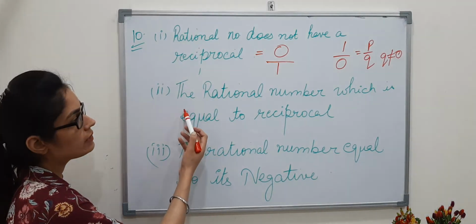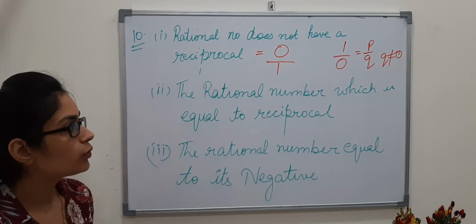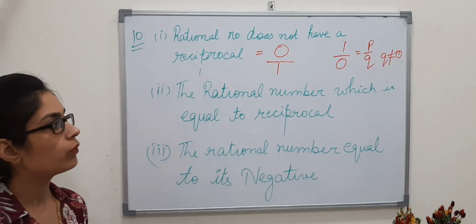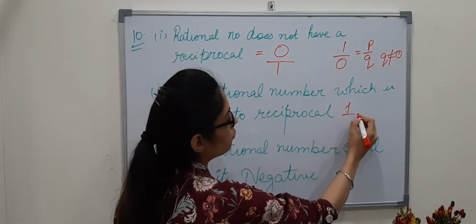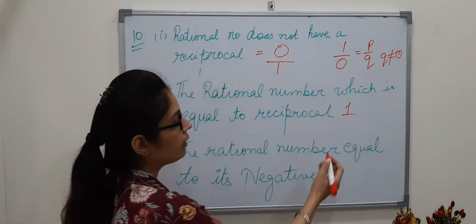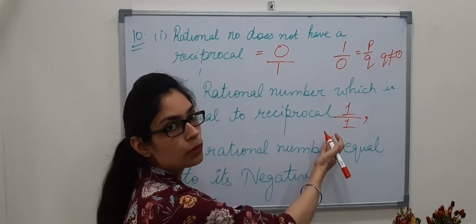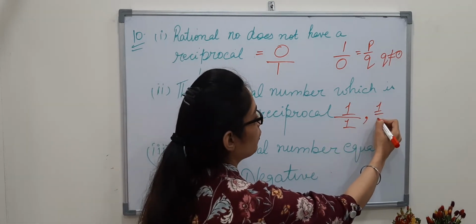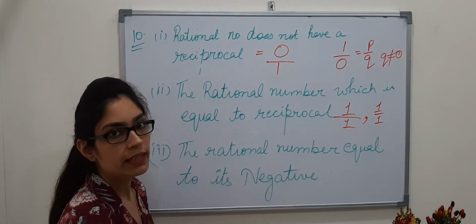The second part is the rational number which is equal to its reciprocal. This is very simple. See, if I have 1 as my rational number, 1 I can write as 1 by 1. Its reciprocal will also be 1 by 1, which means 1 is equal to its reciprocal.